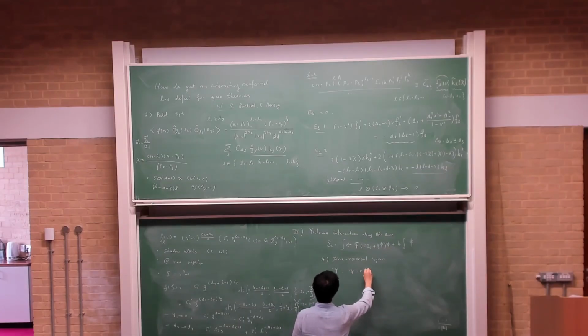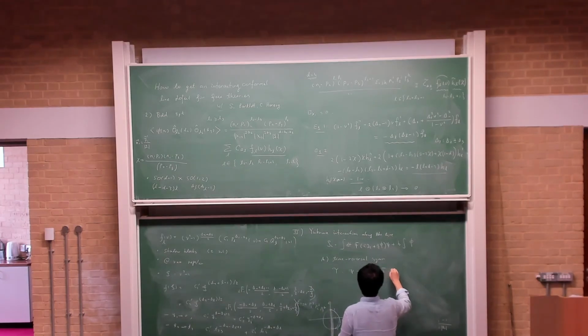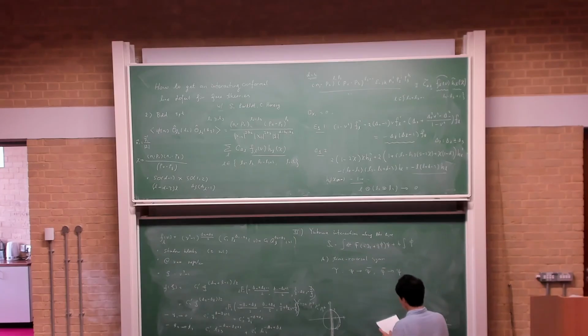So psi goes to psi bar, and the psi bar goes to psi. This is a complex fermion, and it is anti-unitary, meaning we will send i to minus i.